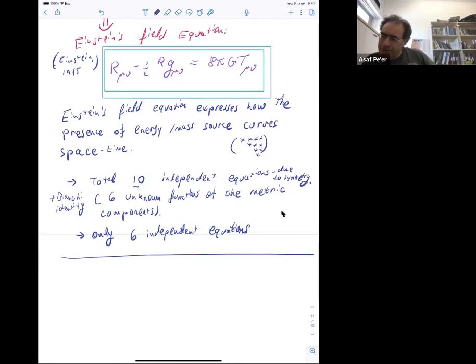And that is the following. Let's look at Einstein's equation in vacuum. Vacuum meaning T mu nu is equal to 0.